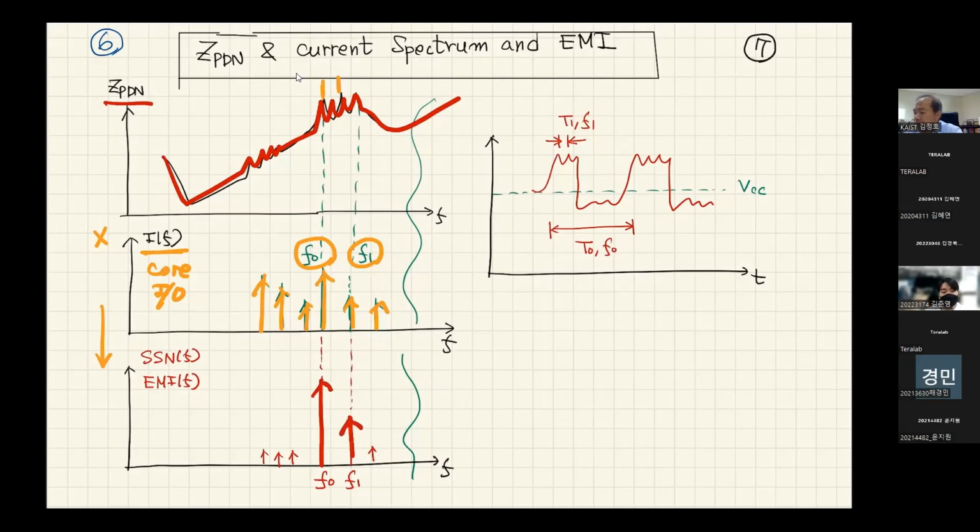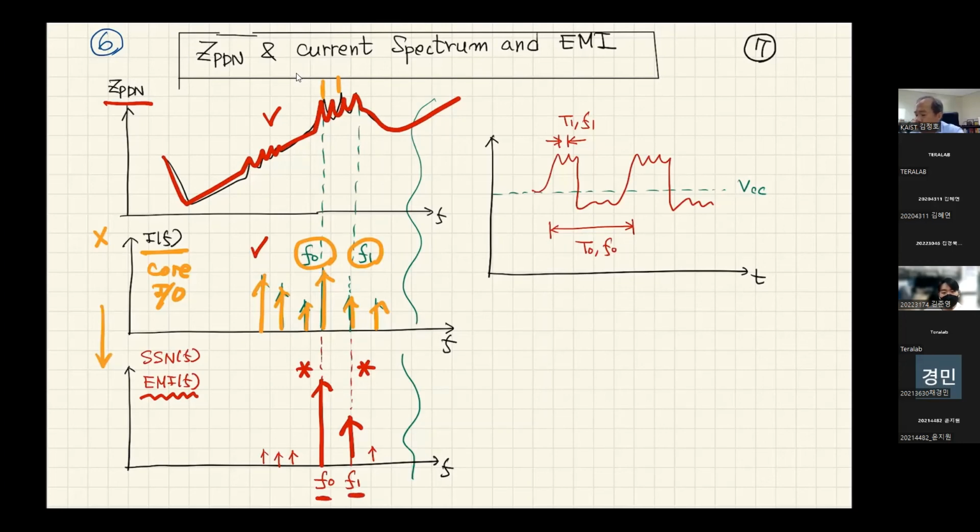So when you want to solve this EMI or some problem, you have to know what your PDN impedance is, and also you have to have a certain amount of information about the current spectrum. By multiplying those, we're going to have high noise peaks at certain resonance frequencies of the PDN.